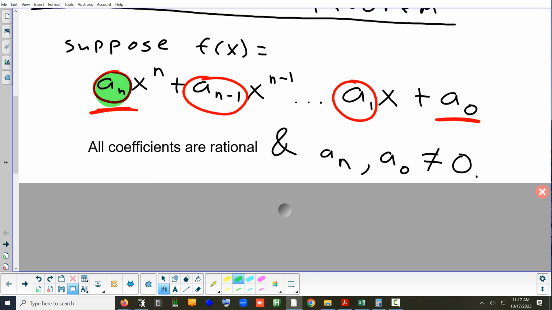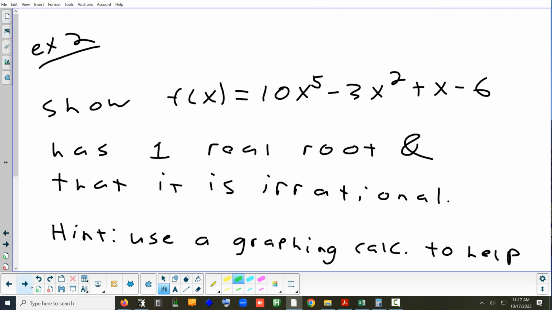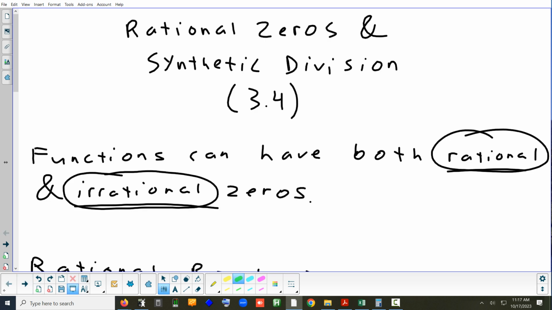And the two most important things are what I just highlighted in green. Those are the two numbers that we're going to have to look at when we want to do this theorem. So in this problem, it would be the 10 and the 6. Those are the two numbers we'd be focusing on.